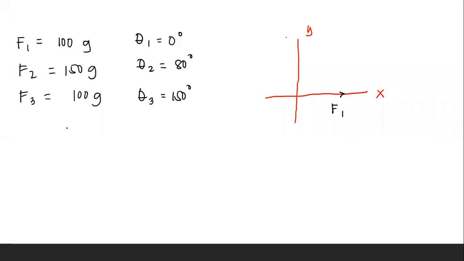Okay, ratio again. You have your 100 grams is to 100 millimeters. 150 grams is to 150 millimeters. F3, that is 100 grams, is to 100 millimeters.